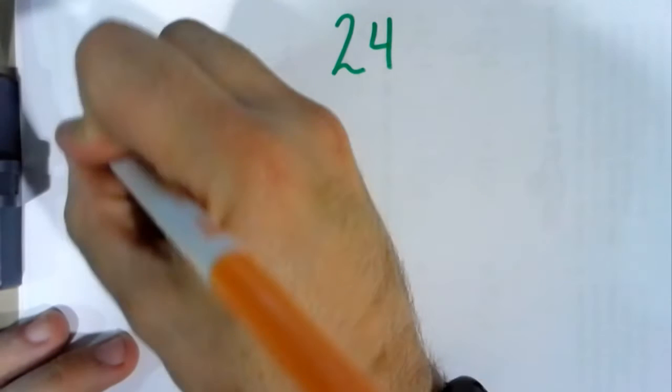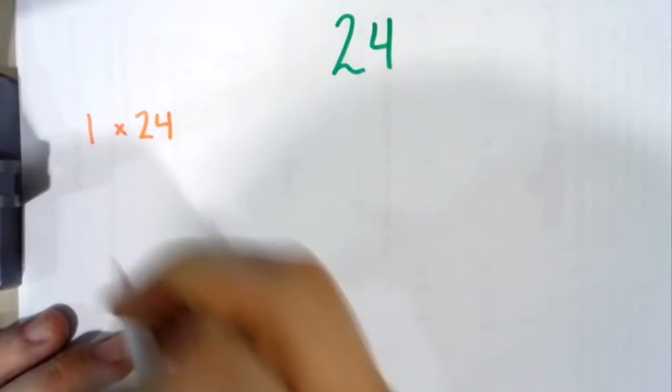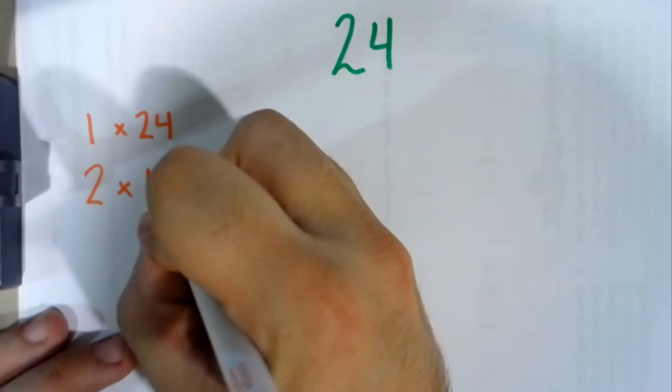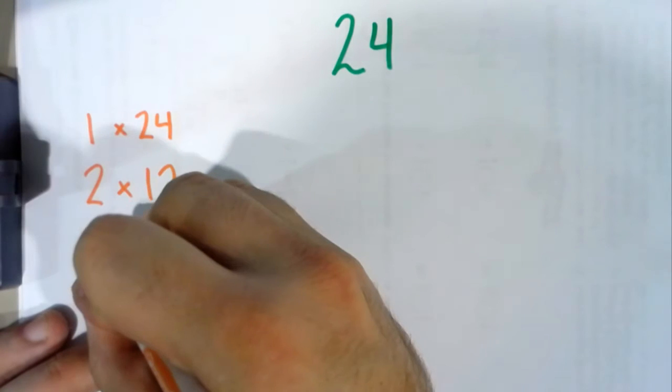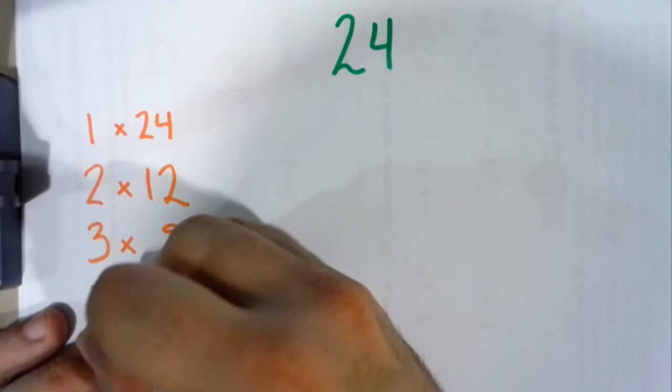The factors of numbers are numbers that you can multiply together in order to get a particular number. So if we're talking about the number 24, for example, we can find the factors such as 1 times 24. I could find 2 times 12. I could find 3 times 8.